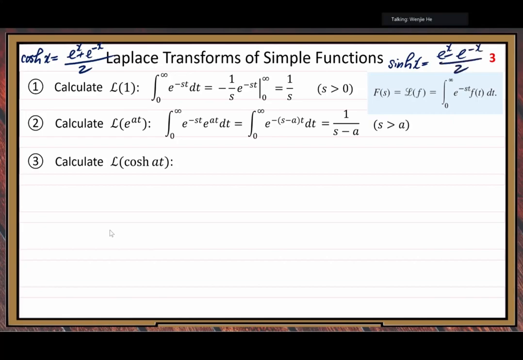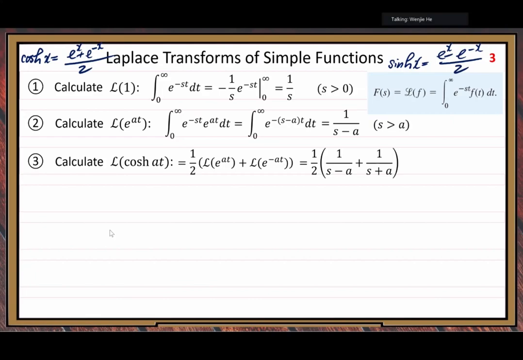Here we apply Laplace transform on these two hyperbolic functions. Remember the linearity. This time we can apply the linearity property of Laplace transform. So we separate the two terms and take the constant out. Then we apply that formula, so 1 over s minus a plus 1 over s plus a.